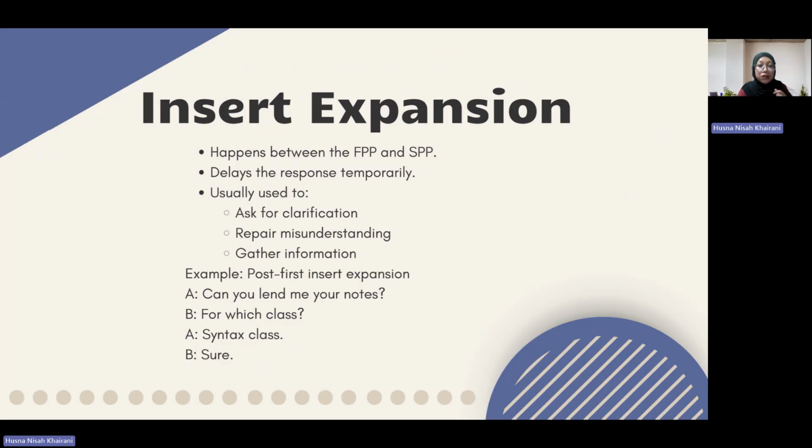It is usually used, as I have said before, to ask for clarification, repair misunderstanding, or gather information. It has a lot of types, like post-first insert expansion, like here, or second, post-second insert expansion. It depends on where the expansions are after the FPP.